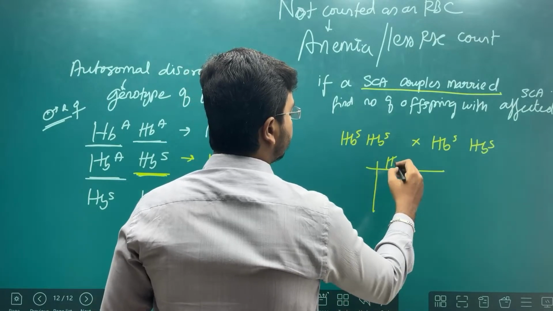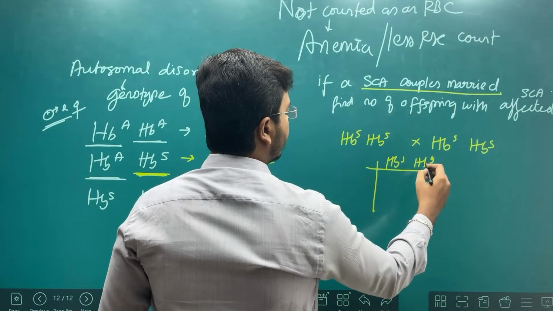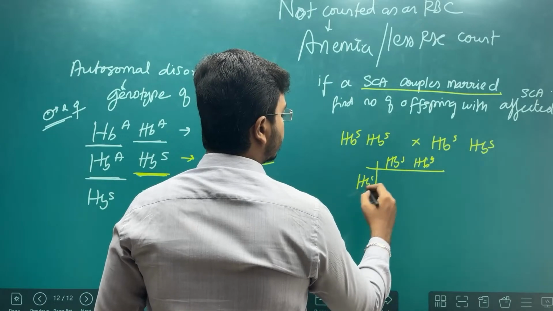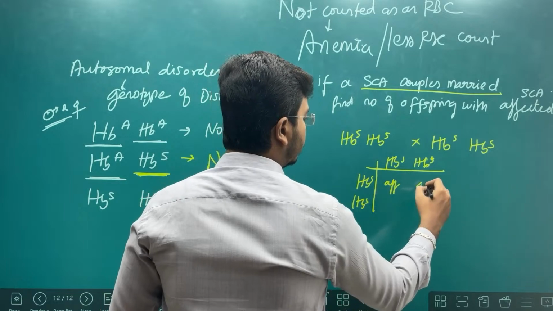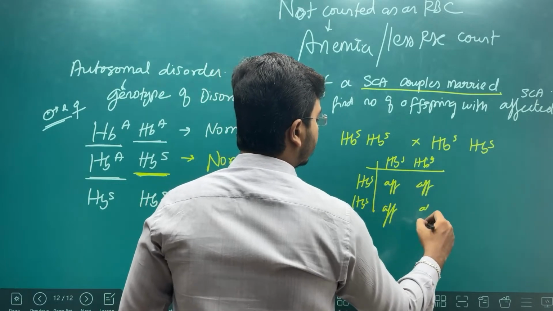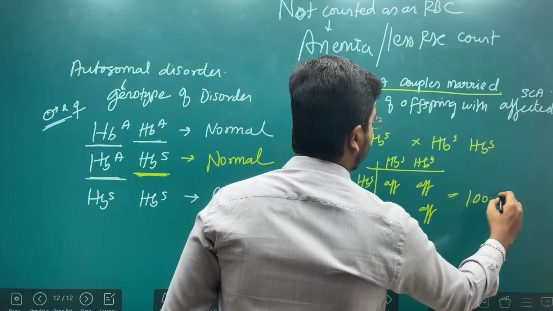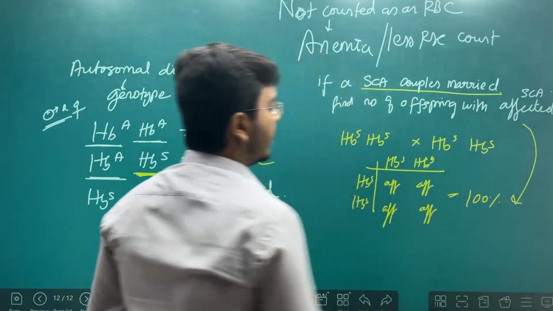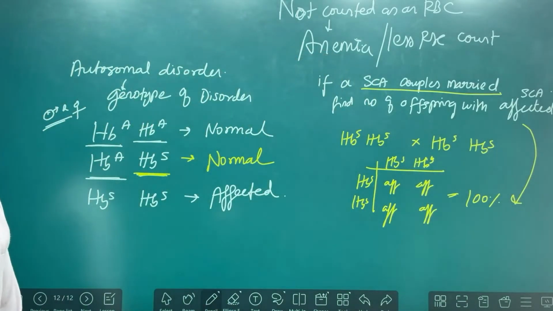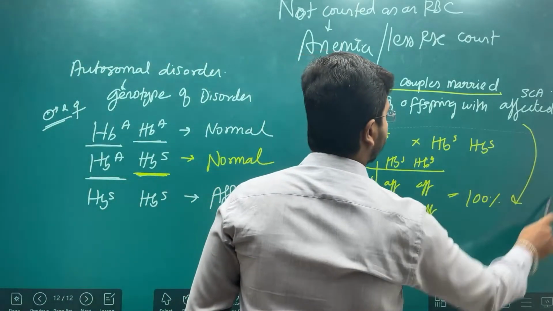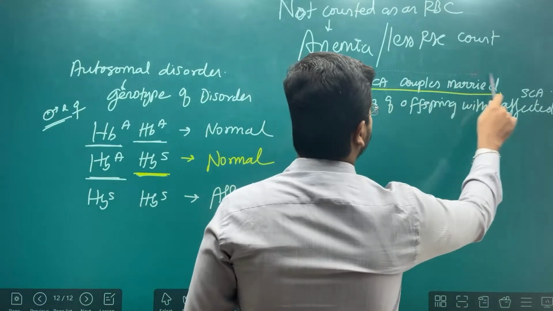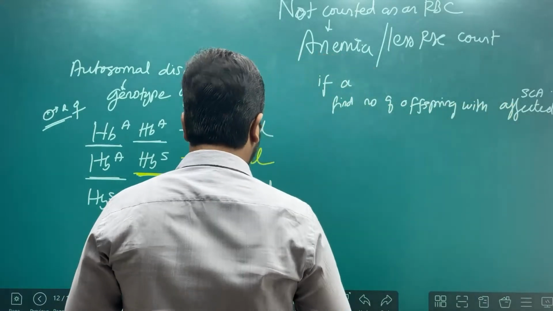For example, you put HbS, HbS here, and HbS, HbS here. So this one is affected, this one is affected. So that means 100% offsprings are affected.